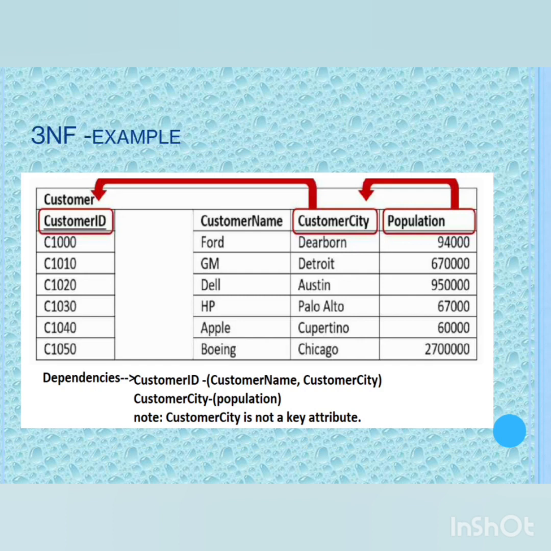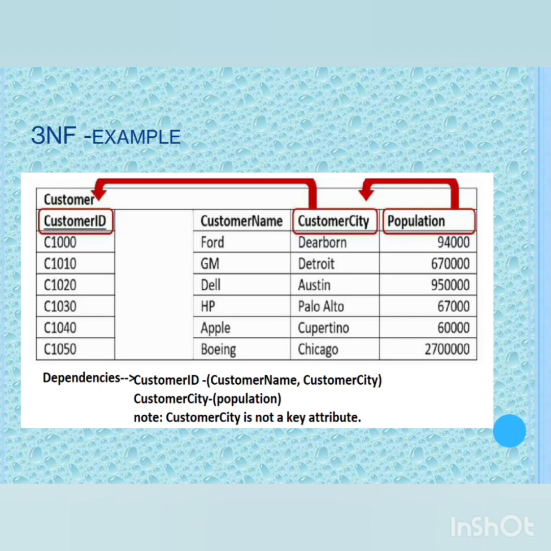Every non-key attribute should be fully dependent on the key attribute. This is dealt with in second normal form. Now in the third normal form, as seen here, we have two different types of dependencies. That is customer ID directly related with customer name and customer city, and customer city is directly related with population and not with customer ID and customer name.